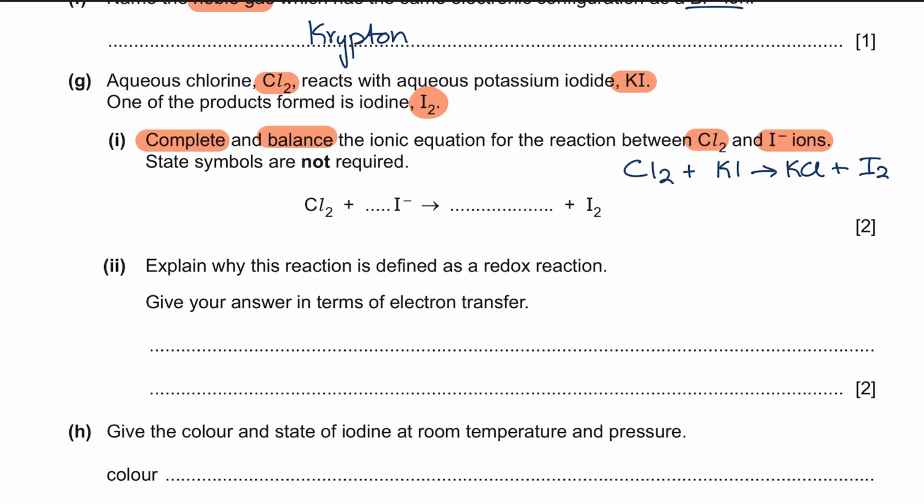Now we balance it, 2 over here, 2 over here. So this is balanced now. And if we write the ionic equation for this, then the two potassium ions will get cancelled out as they are spectator ions, right? So 2 over here with iodide and 2 over here with chloride ion.